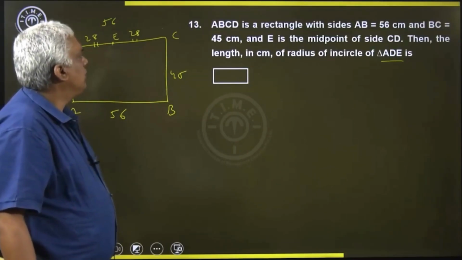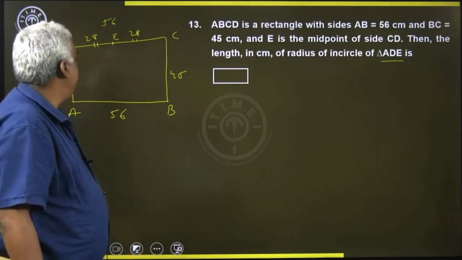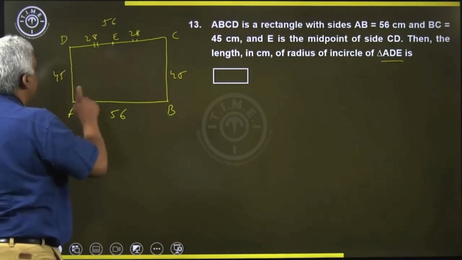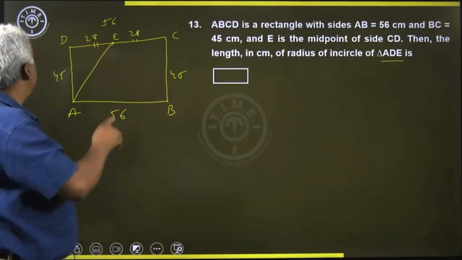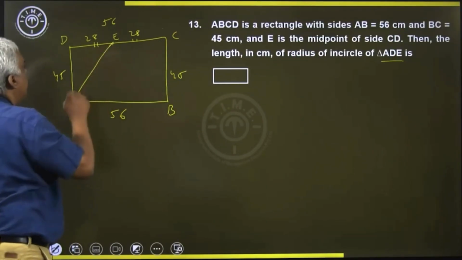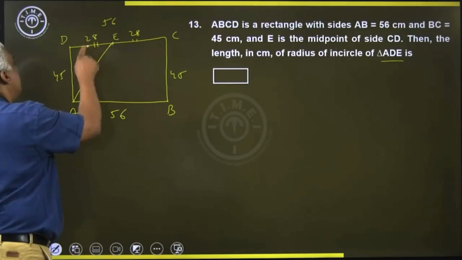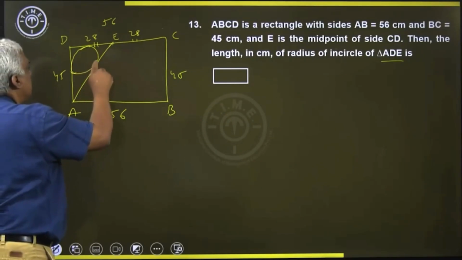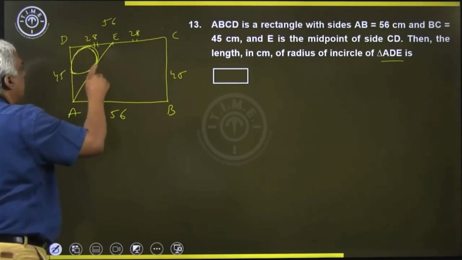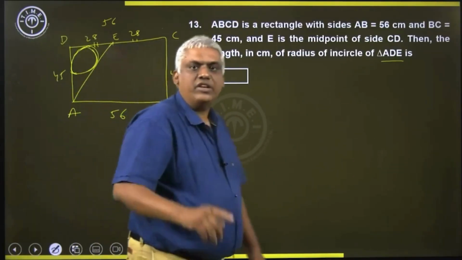We need the length in centimeters of the in-radius of triangle ADE. So we have to find the in-radius of ADE.